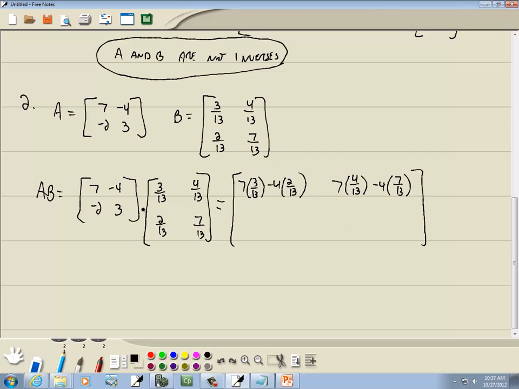Then our second row here times our first column. So negative 2 times 3/13 plus 3 times 2/13. And then our second row times our second column. So we got negative 2 times 4/13 plus 3 times 7/13.